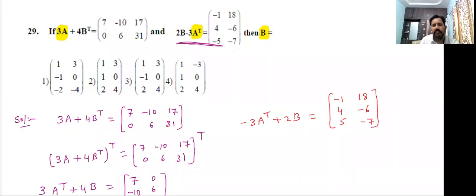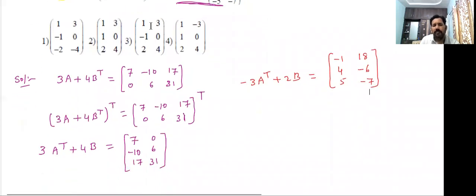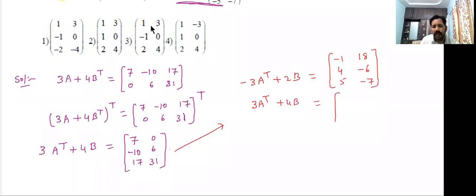This is the second equation. We already know the first equation: 3A transpose plus 4B is equal to the matrix 7, minus 10, 17, 0, 6, 31.